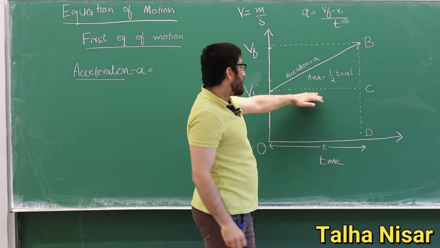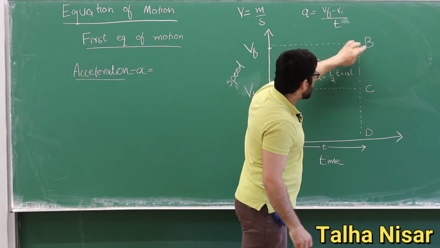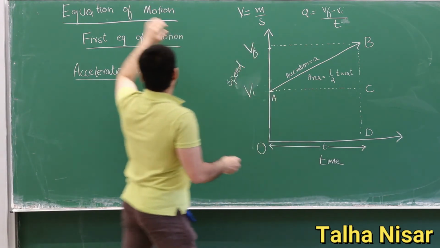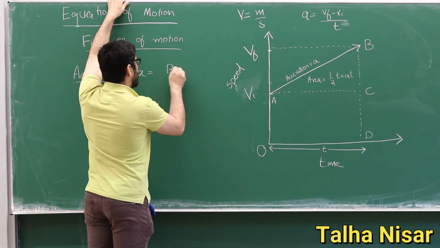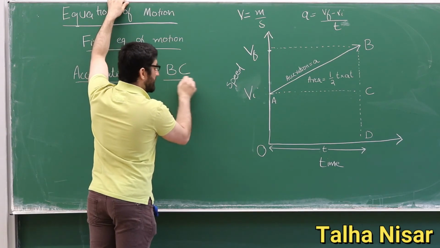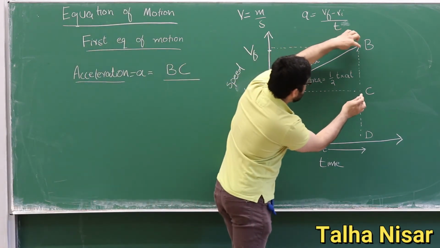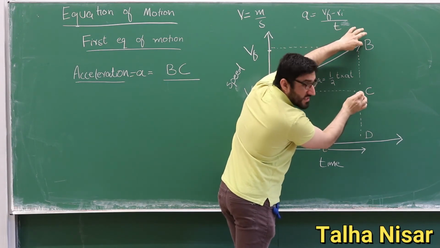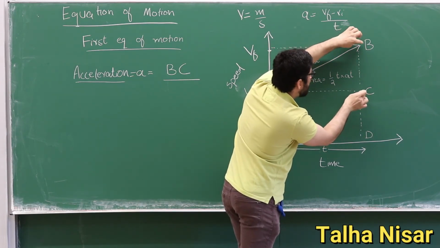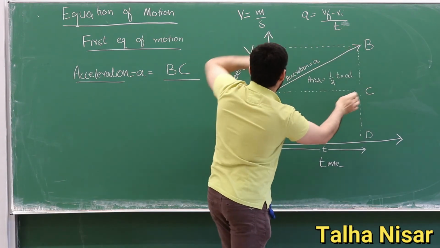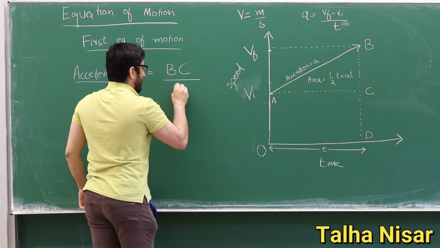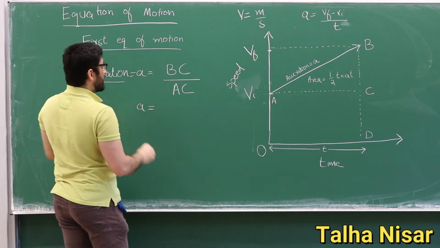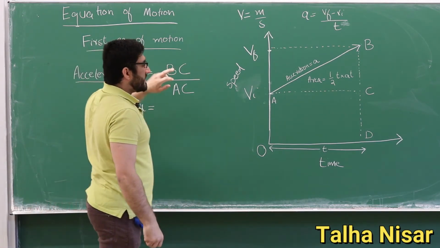What is the slope of this line here? Slope, as you know, is this side of this triangle divided by this side of this triangle. From basic geometry, the slope is BC divided by AC. So acceleration equals BC divided by AC. Now what's BC?